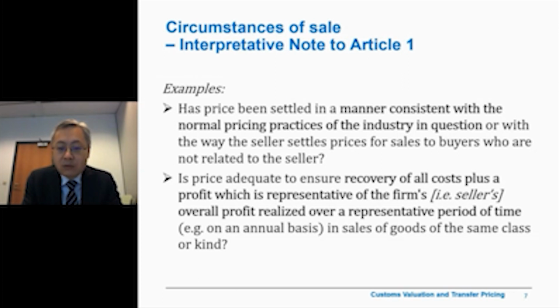We ask ourselves, do the parties involved in the transaction keep enough distance with each other when it comes to business, when it comes to the price, and is the price settled just as if the buyer and the seller were not related? Sounds very familiar, right? Yes, it's very similar to the arm's length principle in the OECD guidelines.